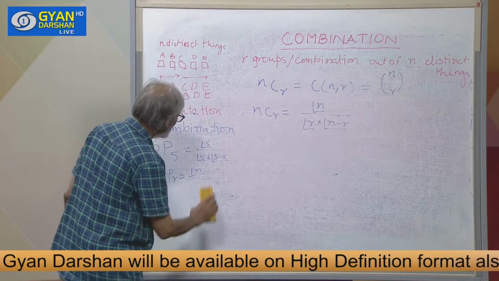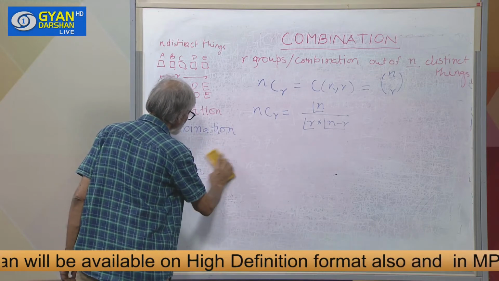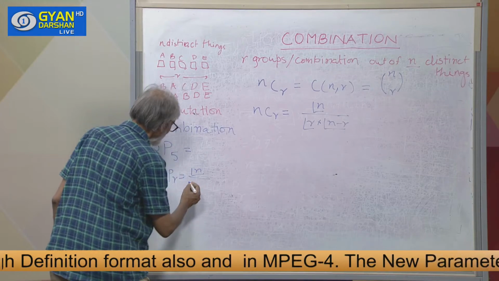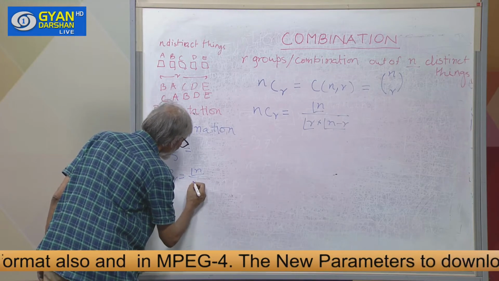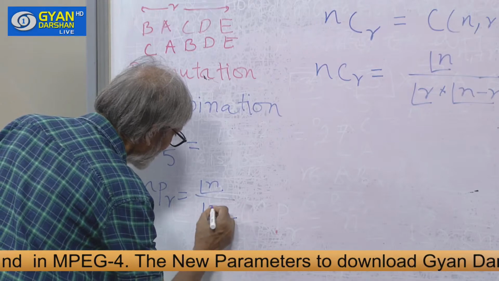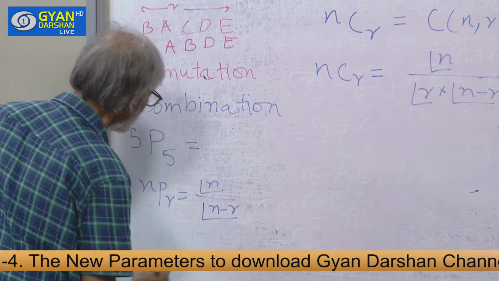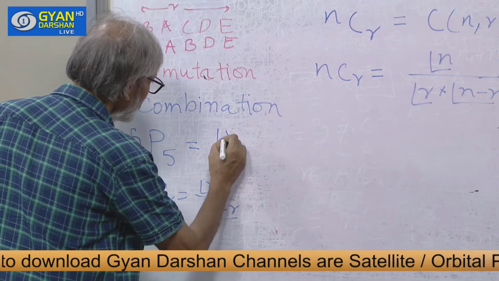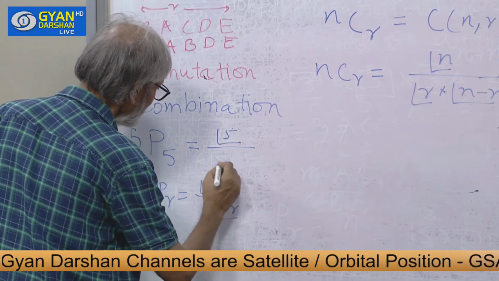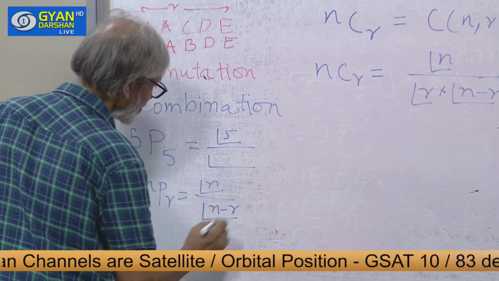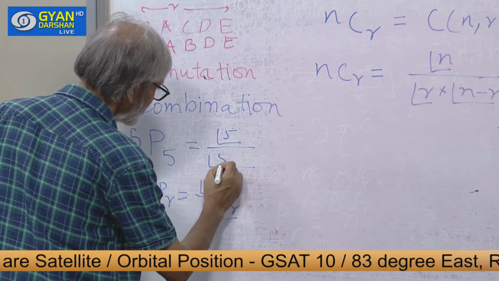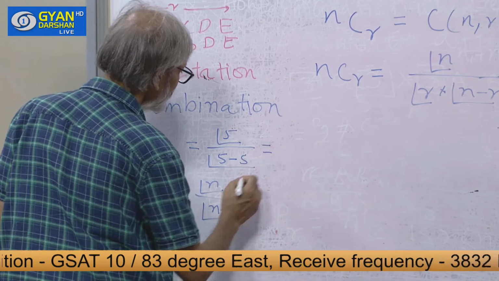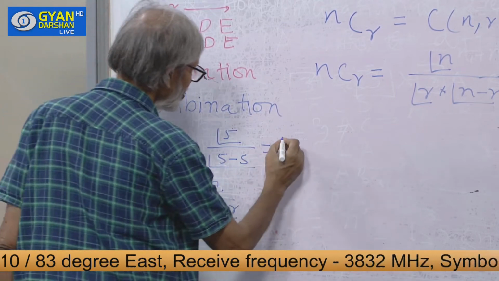The formula for permutation is factorial n divided by factorial n minus r. So, 5P5 will be equal to factorial 5 divided by factorial 5 minus 5, which is factorial 0.